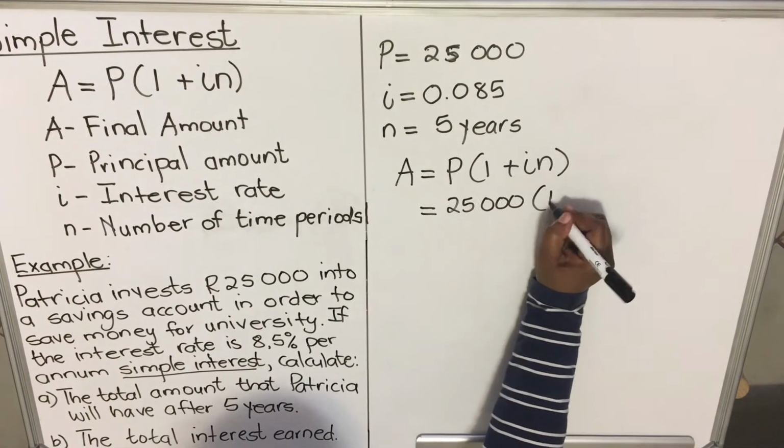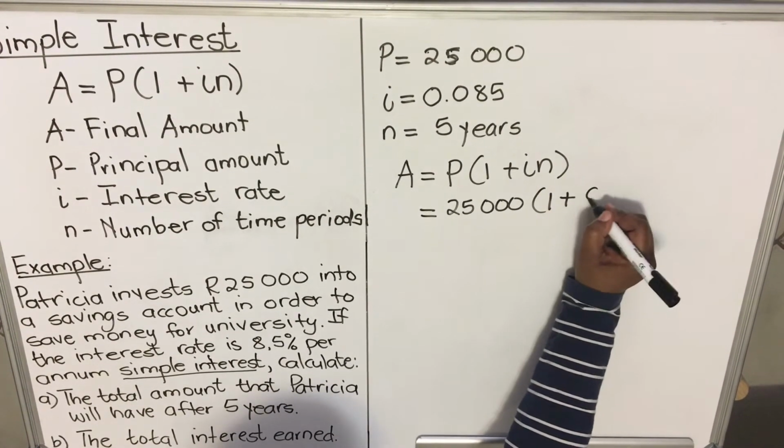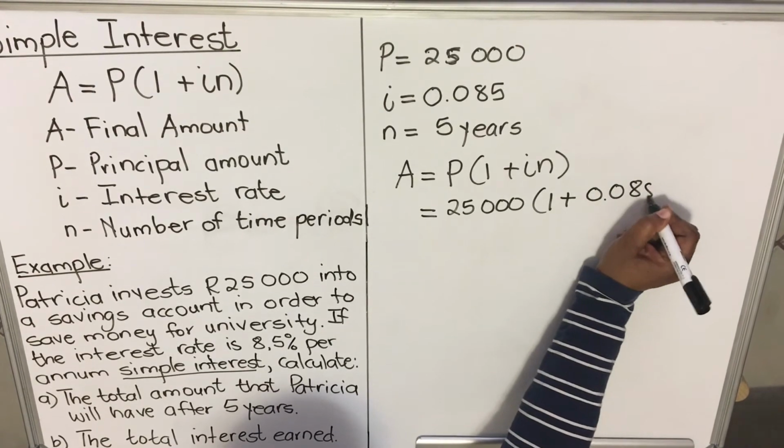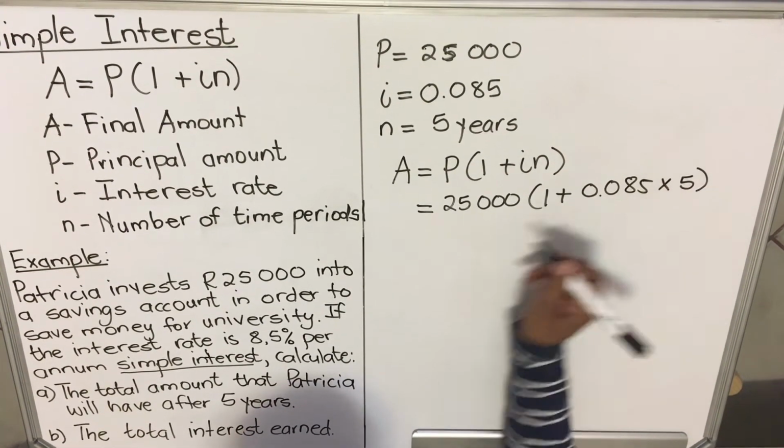The formula comes with a 1 plus the interest in decimal, 0.085, multiplied by the number of years, which is 5.